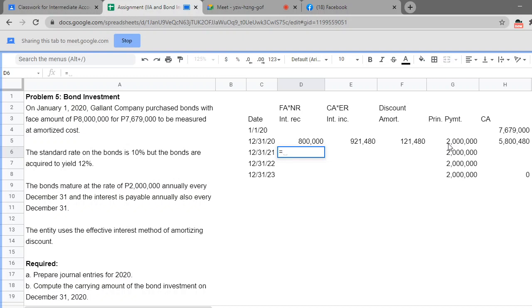Face amount times nominal rate gihapon. But your face amount is no longer 8 million. Nga naman, nagbayad na siya 2 million. Therefore, the face amount this time is only 6 million na lang times the 10% nominal rate. Therefore, you have 600,000 there. Your interest income would be 696, and the difference will be our amortization.